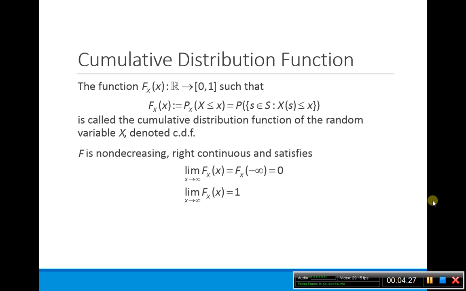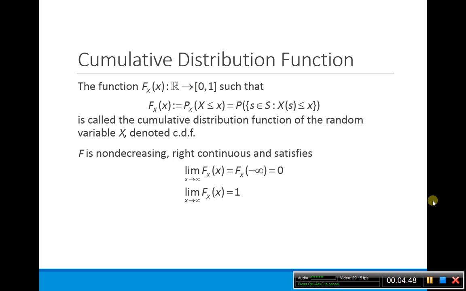So we have something called a cumulative distribution function. The cumulative distribution function is basically exactly what we were talking about before. It's the probability that capital X is less than or equal to little x. This is called the cumulative distribution function. It's normally given the term capital F or capital F sub x.